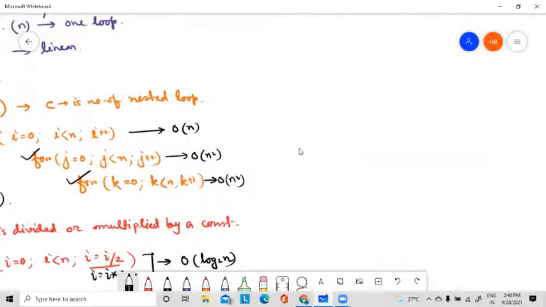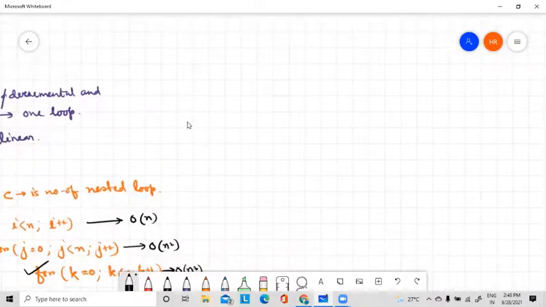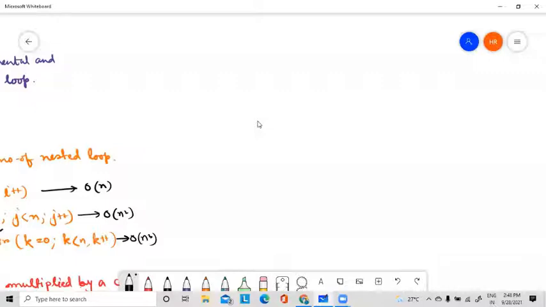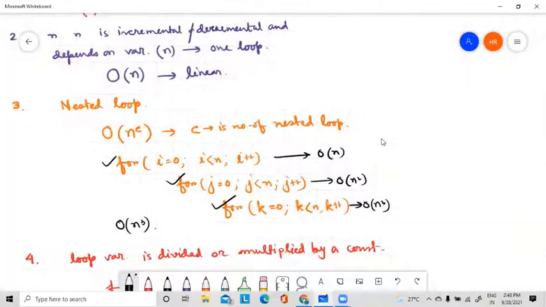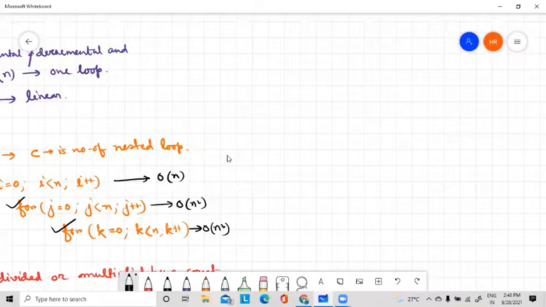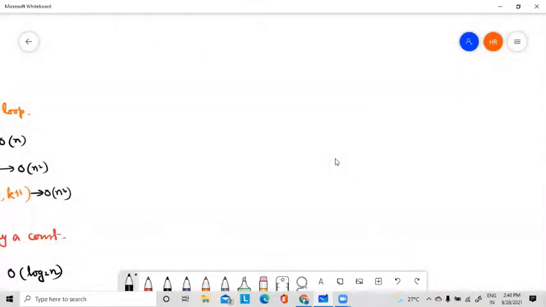But we mostly use this for an algorithm. If there is a given algorithm, how do we calculate the time complexity? So this three or four times is for when the code is given, how to calculate the time complexity. Now, if some written statements are given, not the total code, then how do we calculate?